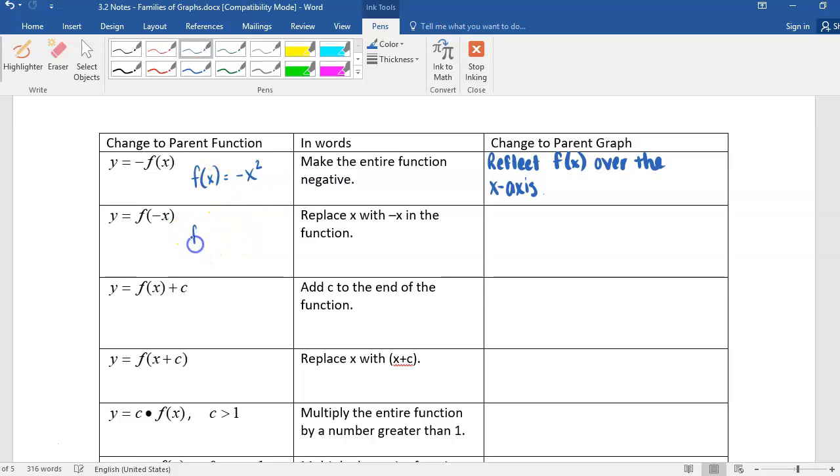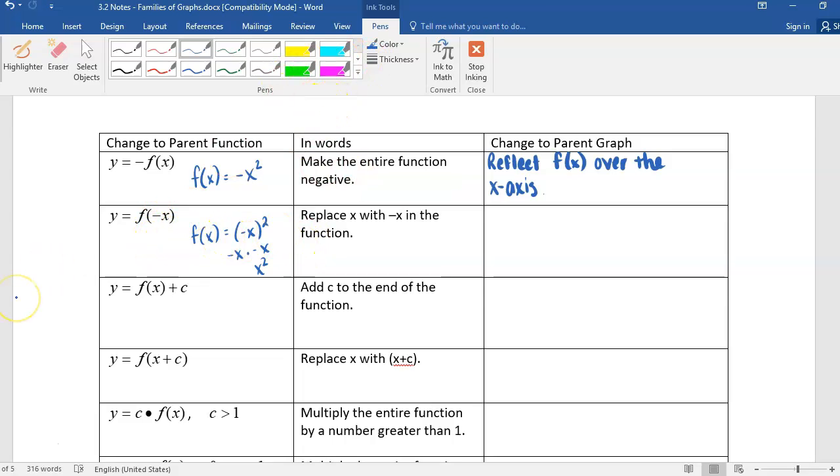This one, if we were doing this with a quadratic, would look different from negative x squared, because here the square only goes with the x, but here the square goes with the negative and the x. What is negative x times negative x? It'd be positive x squared, right? So the graphs would be different if we put that negative on the inside of the parentheses instead of on the outside.